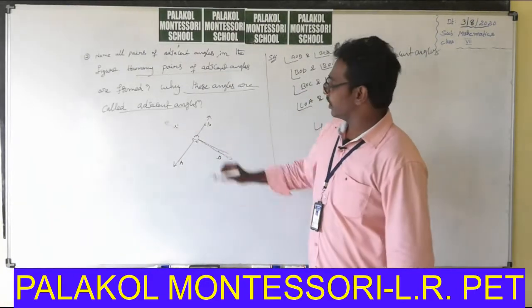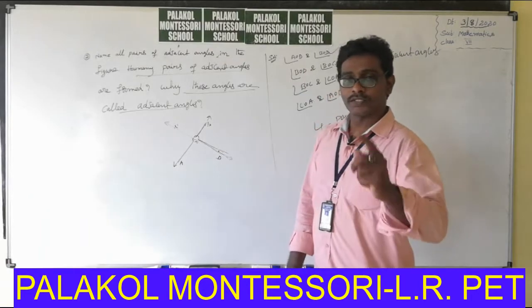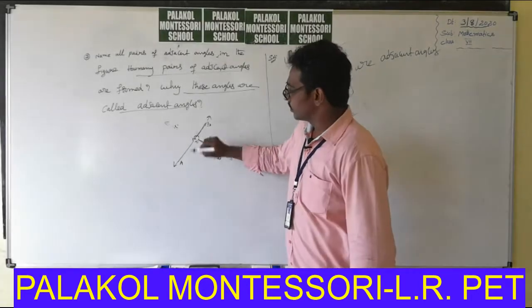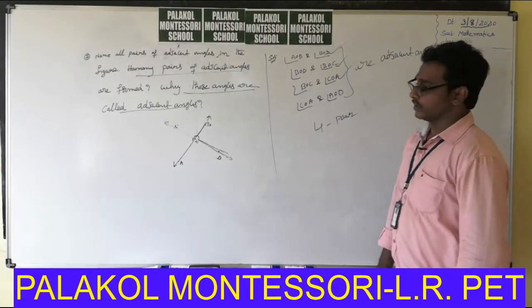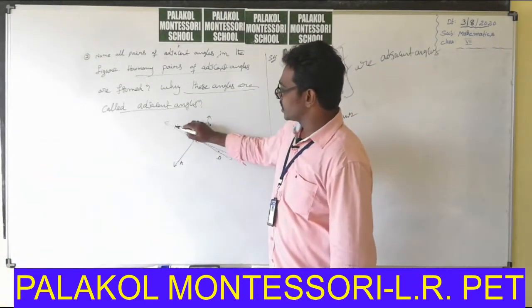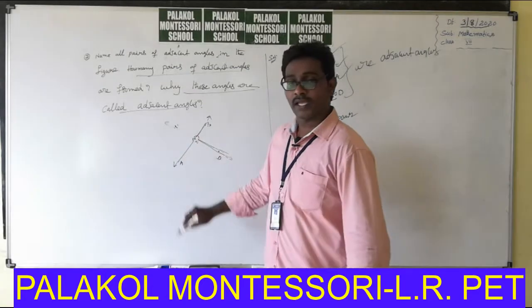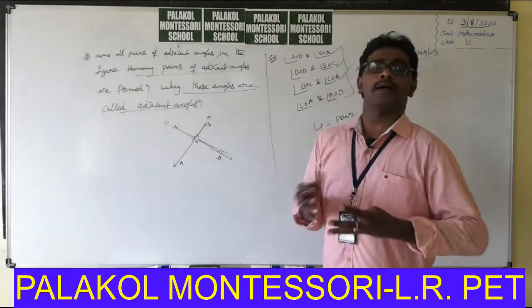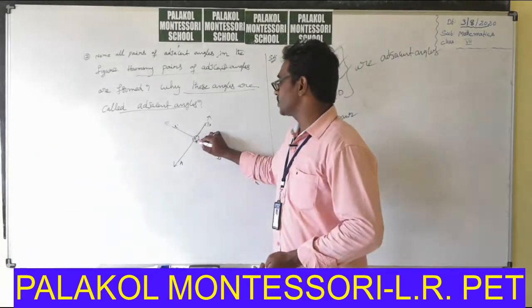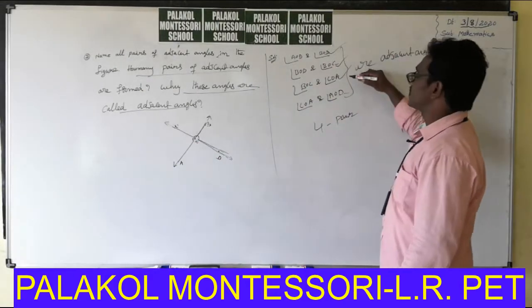What is the common arm? OB. Good. The common point is O. So it's an adjacent angle. Third one, you guess, BOC, COA. Yes, very good, nice. OC is the common arm and the common point is O. This is called an adjacent angle.